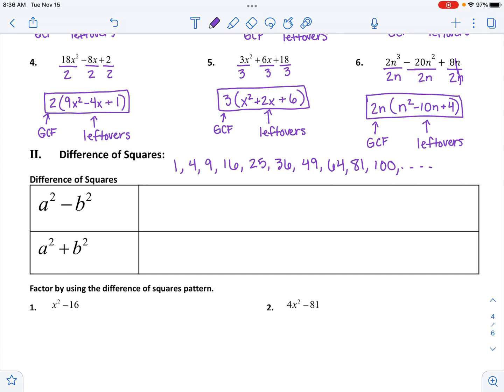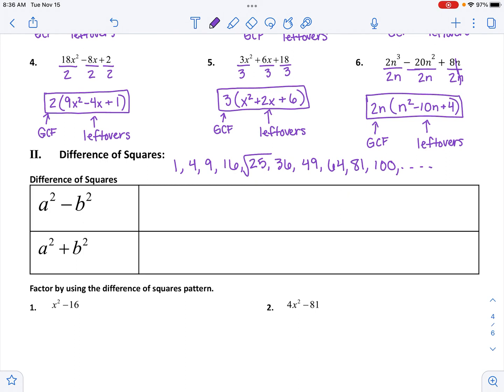Okay, so if we have a squared minus b squared, meaning a and b are both perfect squares, we need to take the square root of each of these to find what those numbers for a and b are. So if I had like 25, I would square root 25 and I would get 5. So if a squared was 25, then a would be 5, if that makes any sense.